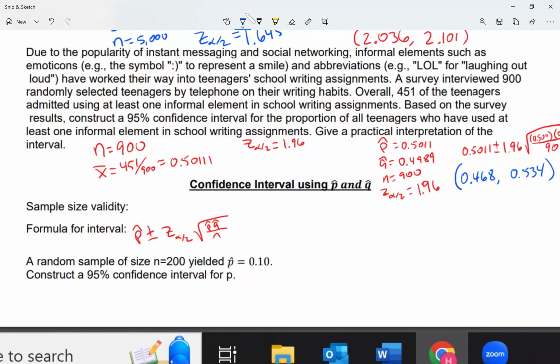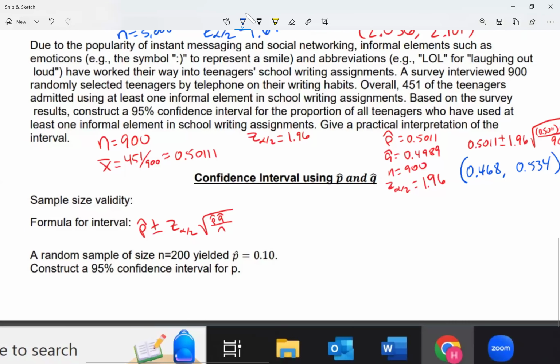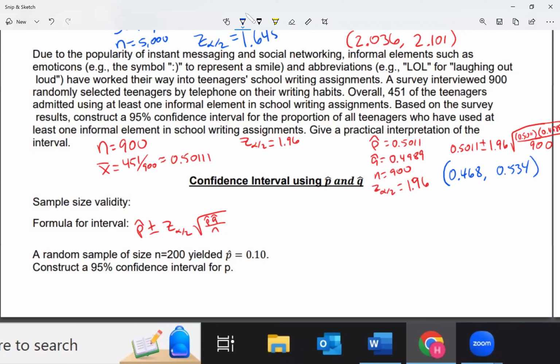Now people might ask, do I use this formula all the time, every time I have a p hat and a q hat? There's a sample size validity check that we do to make sure this is good information.